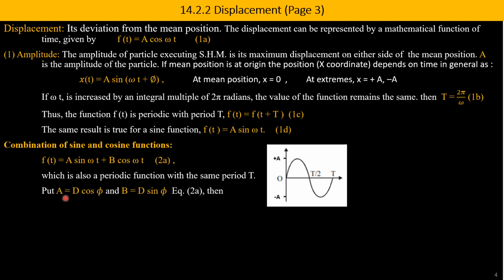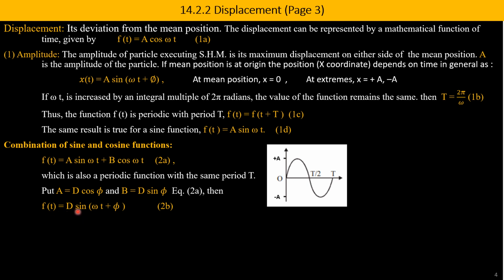If we put a equals d cos phi and b equals d sin phi in equation 2a, then we can simplify it as f of t is equal to d into sine of omega t plus phi, using our standard trigonometric relations.